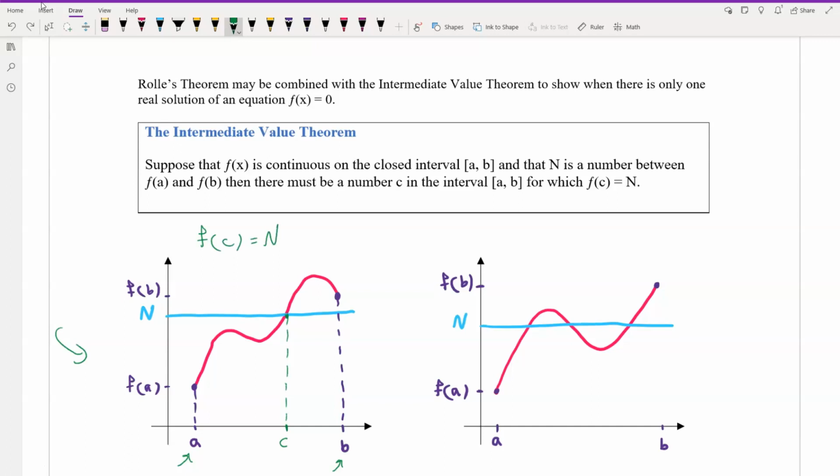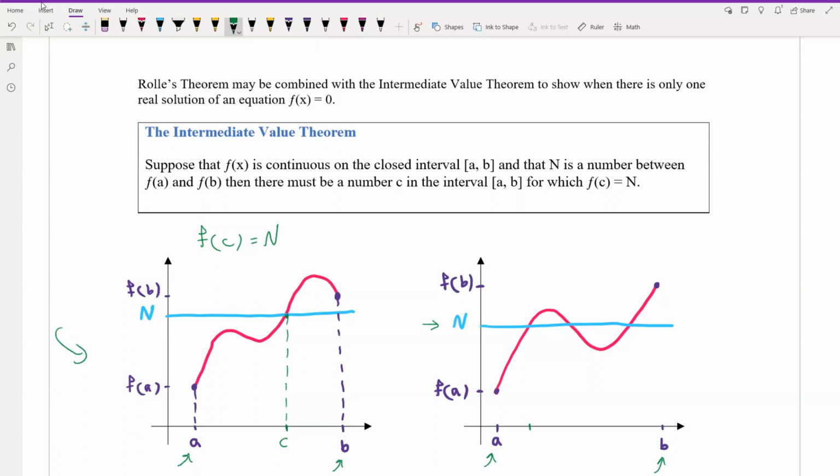And here on right side, we have this curve. Here again, we have A, B. And we have this horizontal line based on what value we have here on y-axis, that is capital N, and that is between f of A and f of B. Now trying to find a number that is in this closed interval.